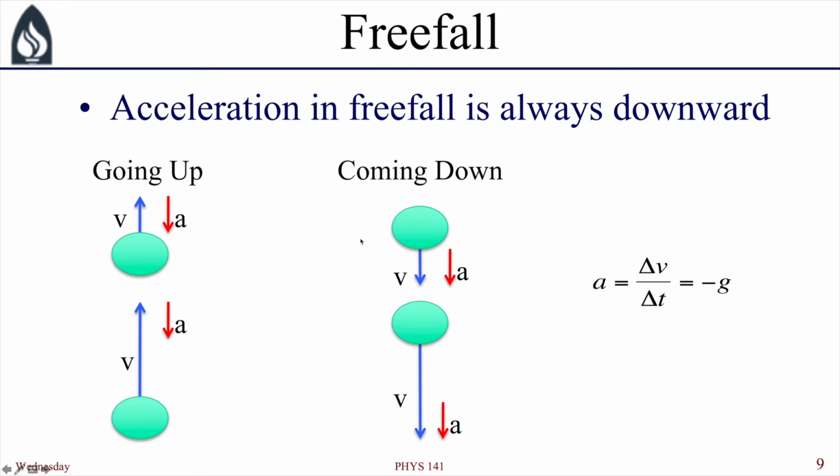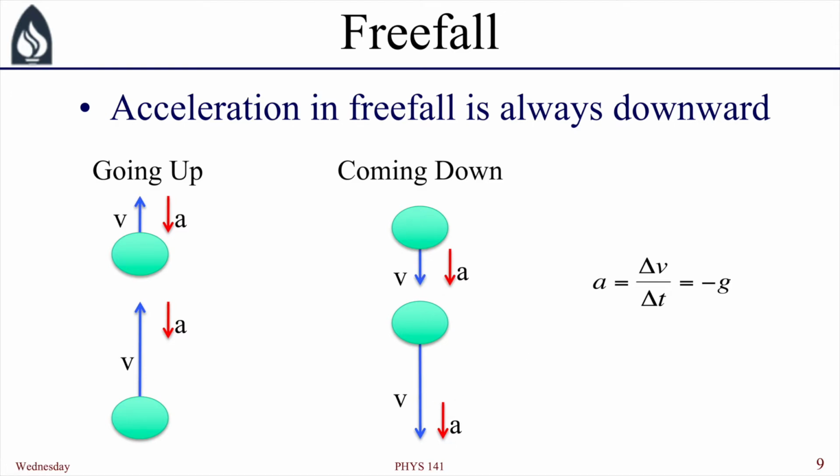Then when the ball stops for an instant and turns around and starts coming down, its velocity is increasing. It is getting bigger and bigger in the downward direction, so the ball is speeding up because now the acceleration, that minus 9.8 meters per second squared, is pointing in the downward direction and adding to the velocity.